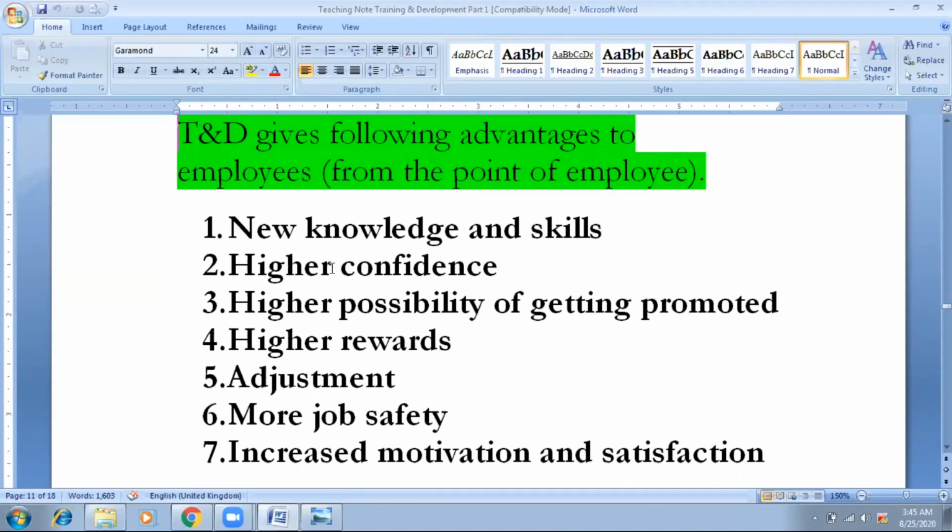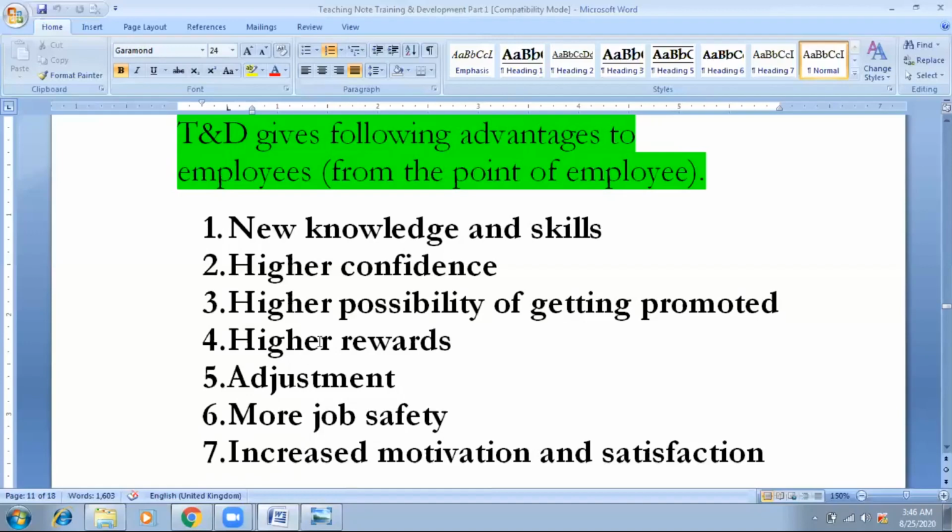Then a higher possibility of getting promoted: if they know how to do a job of higher rank, they have the chance of being promoted. Then higher rewards because of increased knowledge and skills. They can perform many duties, two jobs or additional duties, and in that way they will be able to earn higher salaries, incentives and rewards.